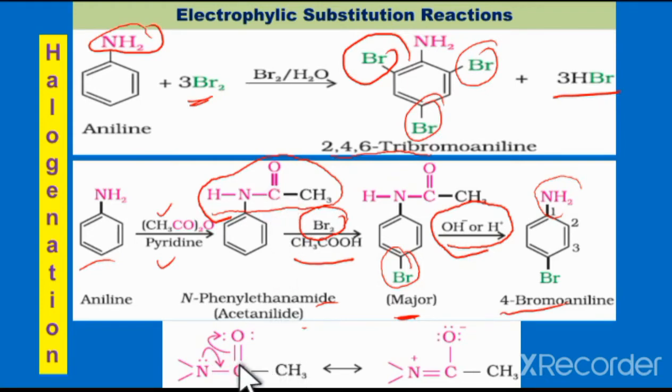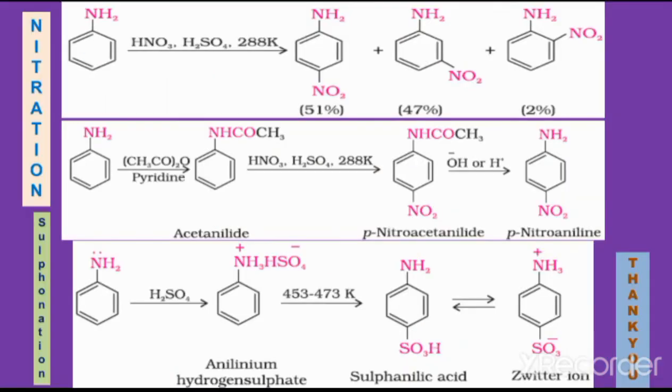When it delocalizes, the double bond between carbon and oxygen moves towards the oxygen, and oxygen gets the negative charge. So the lone pair on the nitrogen moves towards the acyl group rather than the ring, so that the halogen can be easily taken at the para position as well as the ortho position. This is the halogenation reaction.